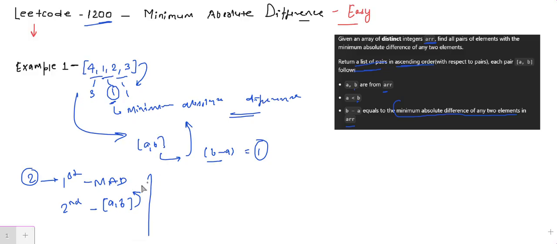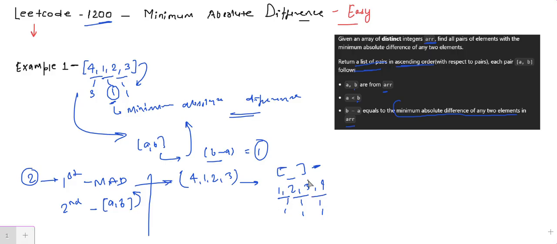Now, going to the first part, how will we find this minimum absolute difference? If this array is 4 1 2 3, we all know, or we can think, that the minimum difference will always be the difference between two elements in ascending order. If this array is sorted, 1 2 3 4, then for the minimum difference we have to check through one iteration: the difference between 1 and 2 is 1, the difference between 2 and 3 is 1, and here the difference is 1.